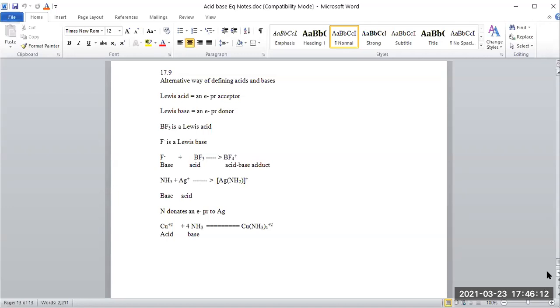So if I take my F minus, the minus there is part of your tip-off that it has a full octet, and parting with or sharing its extra electrons is what makes it a base. If you were to draw out BF3, you would notice that it does not have any extra electrons.